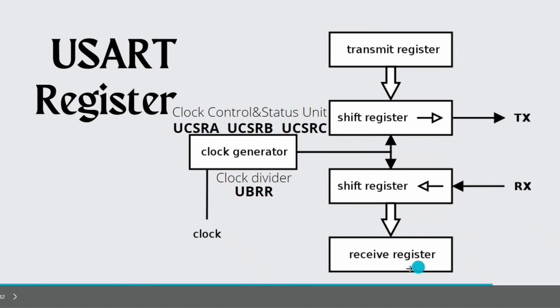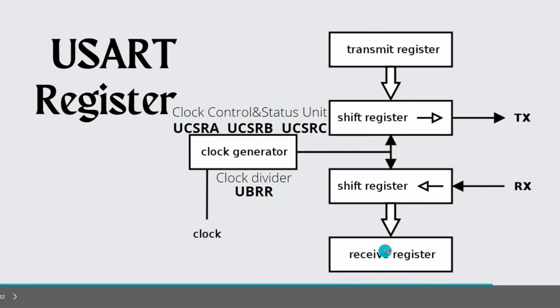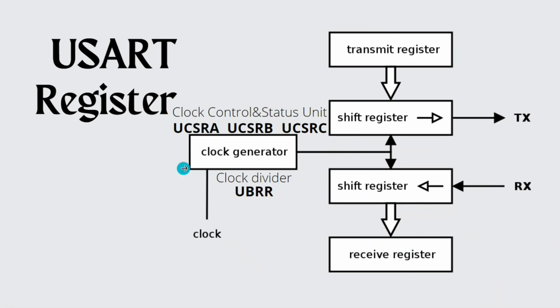And I'll call this one a receive unit, where received data will be stored in the receiving shift register and then stored in the I/O register here. But first, this is the clock control and status unit, which will contain flags and status of sending and receiving data.